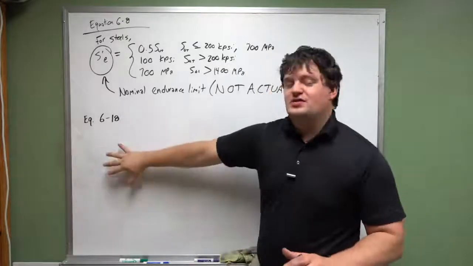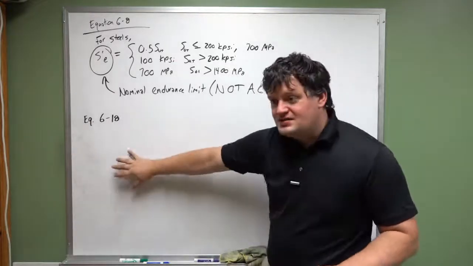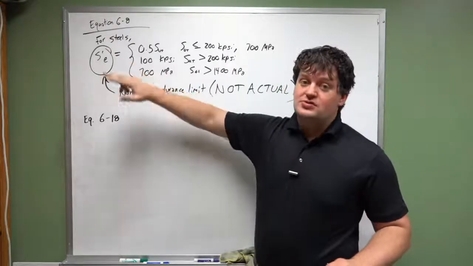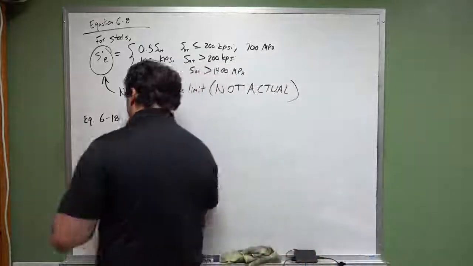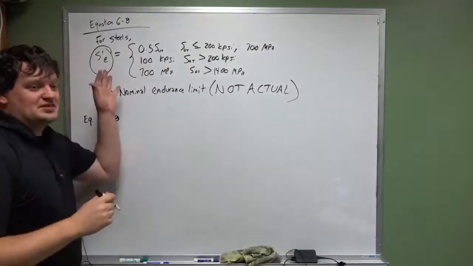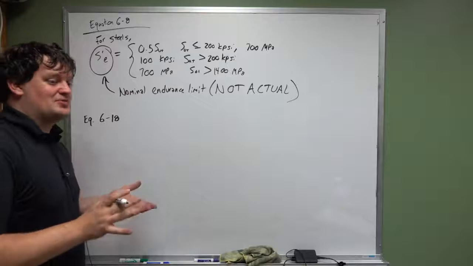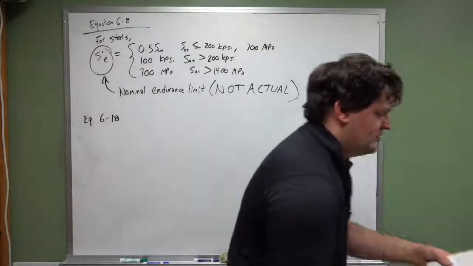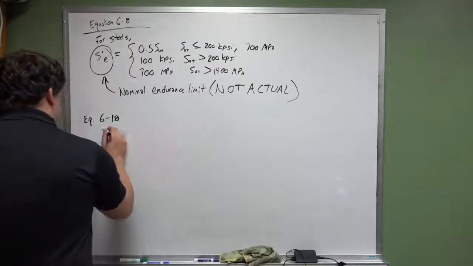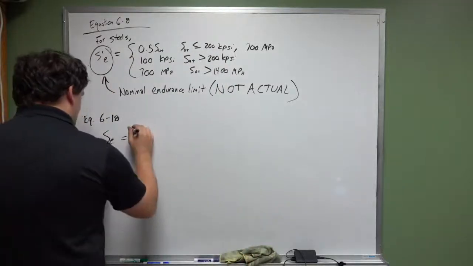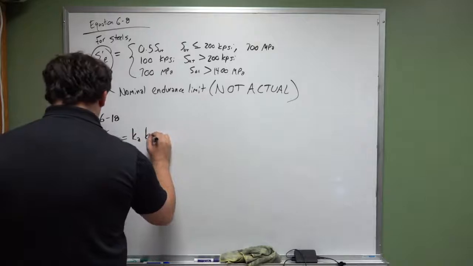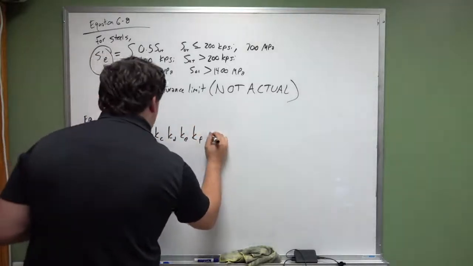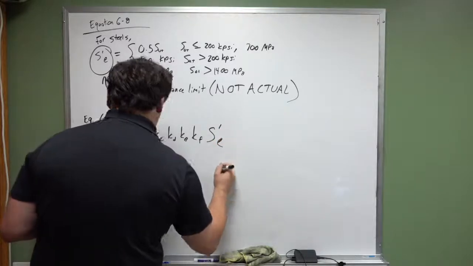You can measure this value directly. Because this can be tested, this is a testable value, but this value is used to find this value. So yes, that does look like the endurance limit, but no, that's not what the endurance limit is. The actual endurance limit is, the endurance limit, SE, is equal to KA, KB, KC, KD, KE, KF, S prime E.